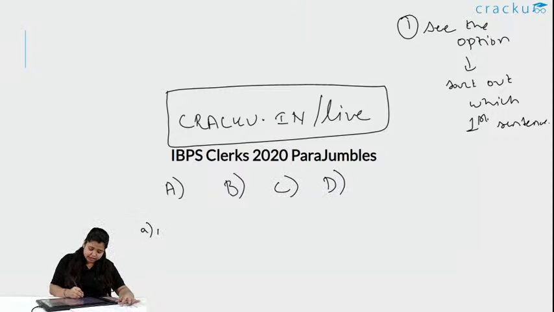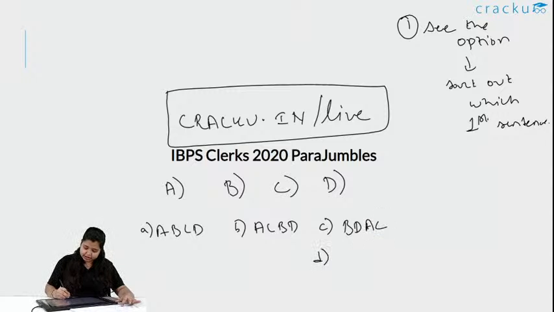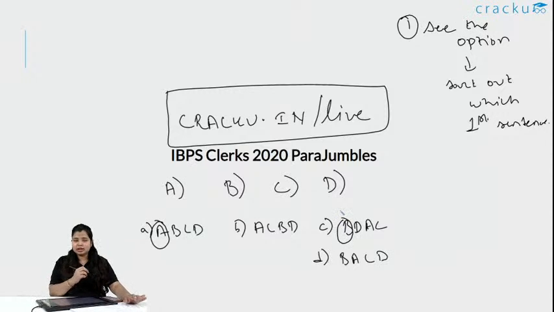Option A is A, B, C, D, option B is A, C, B, D, option C is B, D, A, C and likewise option D is B, A, C, D. By this you know there are 2 common things, sentences A and B, which are coming in the first place. So we do not need to check C and D, we can check A and B as our first sentence.